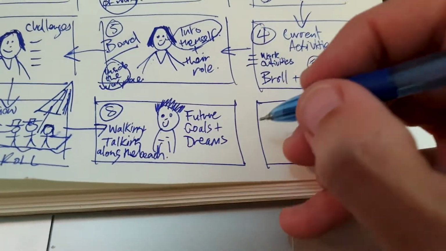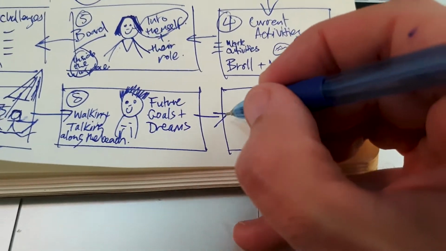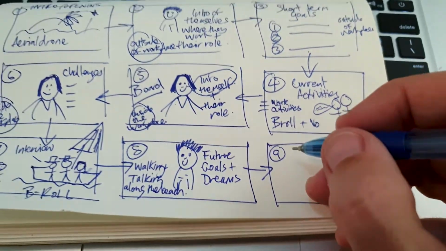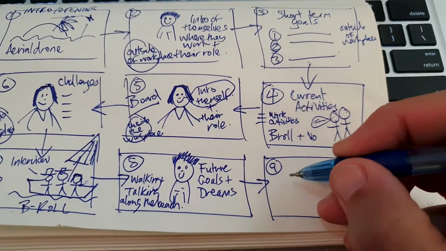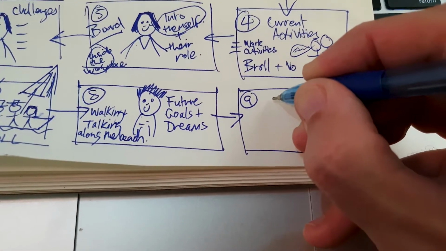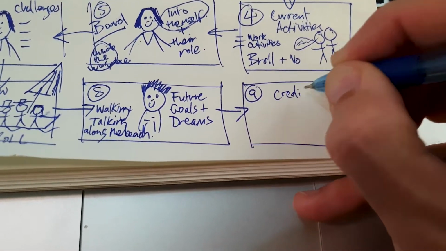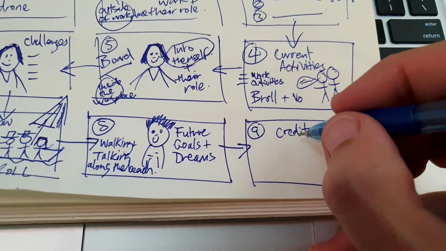Okay, so then we move on to our final scene. Like I say, you can always add or subtract more boxes on the storyboard as needed. So for the final scene, scene number 9, we're going to roll the credits. Now we're going to have particular credits that have been provided by the client that we need to roll.